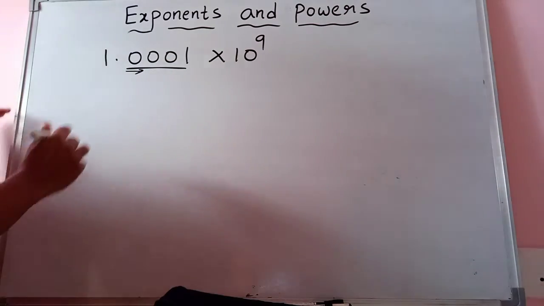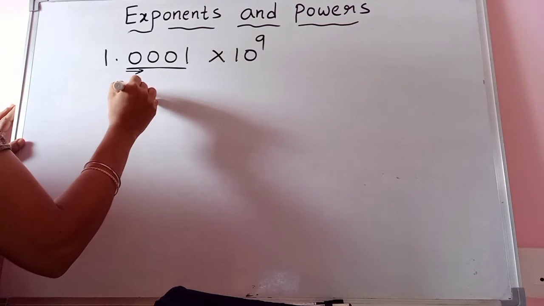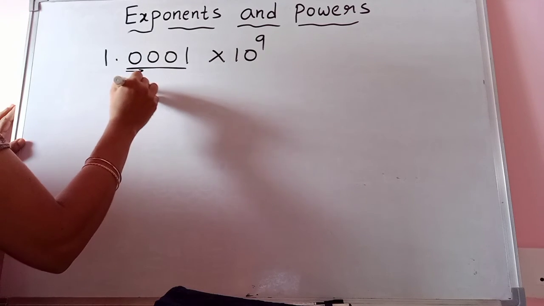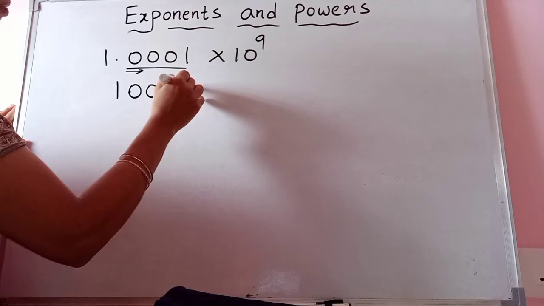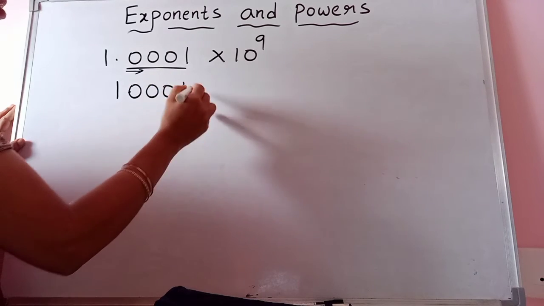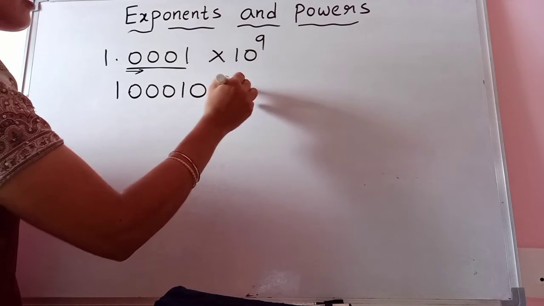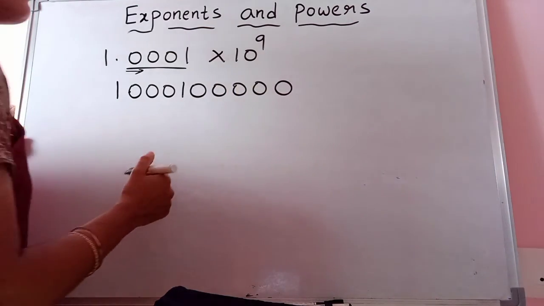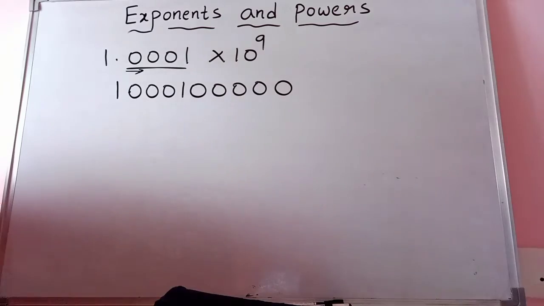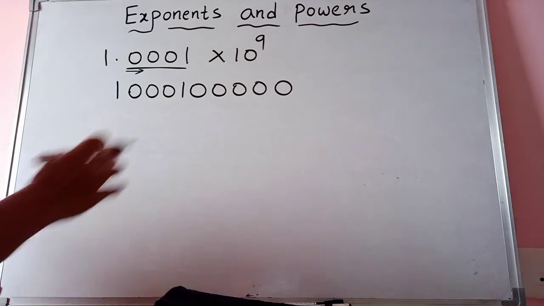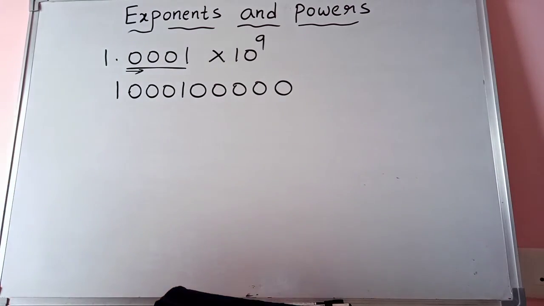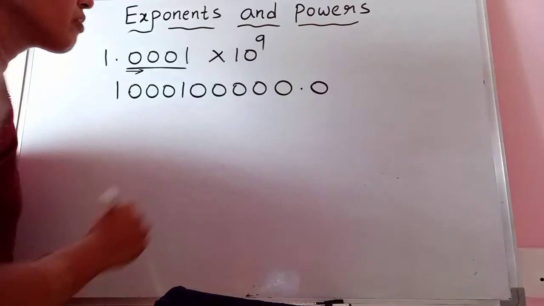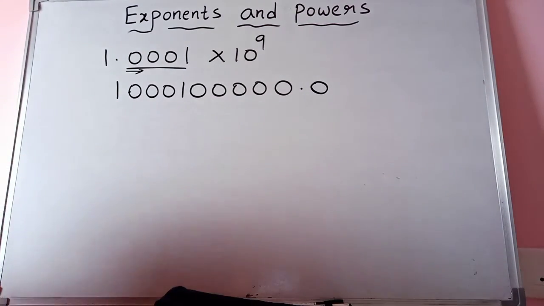Yes, 5 more zeros. 1.001, that is 1001, 4 digits already, then 5, 6, 7, 8, 9. Okay, that is 1001000000. This is the usual form of that number. The point has no use here; even if I write .0, or you can leave it just like that.